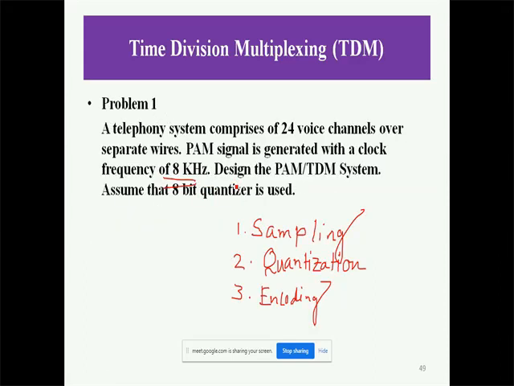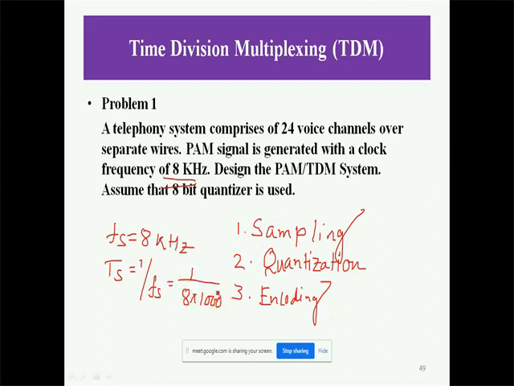In this problem we have an 8 kilohertz sampling frequency. Fs is your sampling frequency, given as 8 kilohertz. So we know the sampling interval Ts is equal to 1 upon Fs, that is 1 divided by 8 kilohertz.